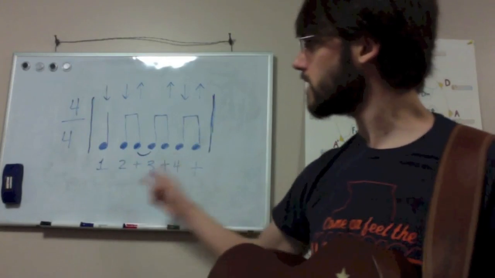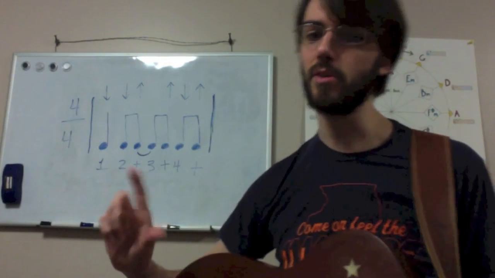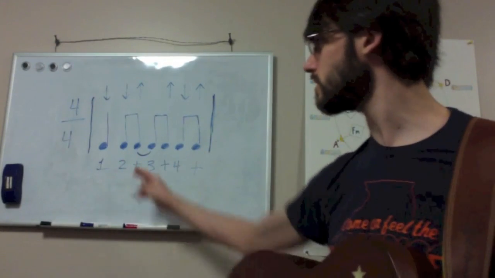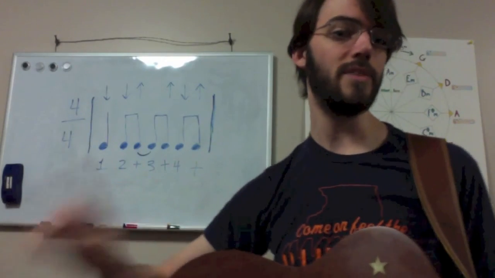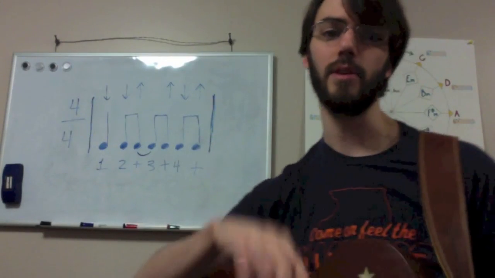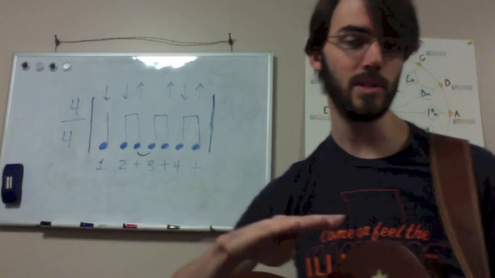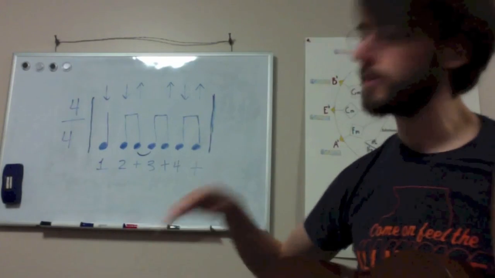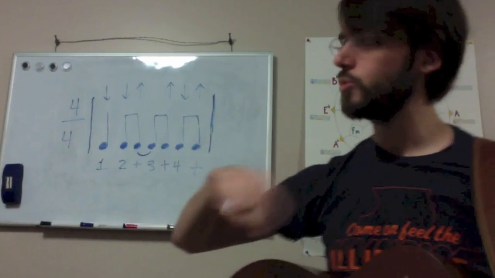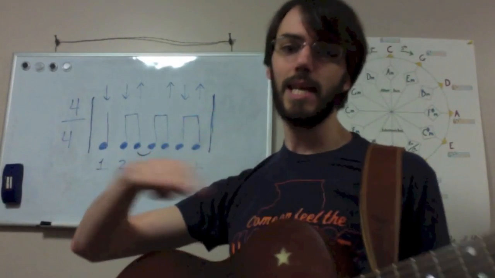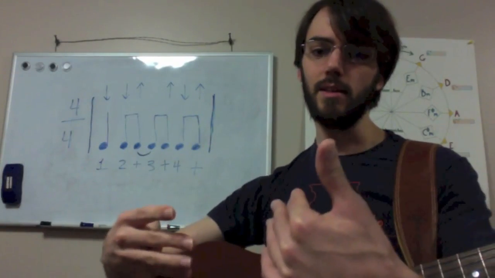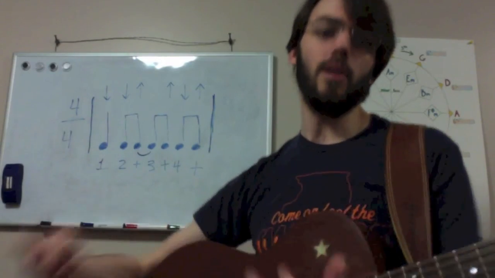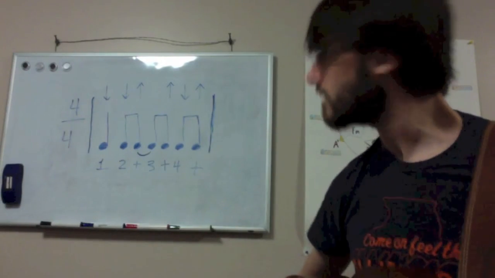The other, slightly more flexible but a little harder to read version of that concept is the tie, where you take 2 or more of the same note. I don't think I said that earlier. It has to be the same note. You can't tie 2 notes together that aren't the same. You tie 2 or more of the same notes together to form a long note that's the sum of all of those notes.